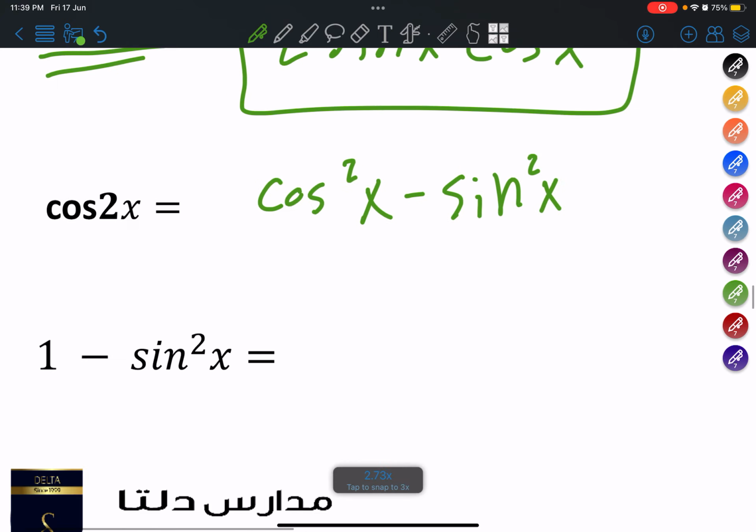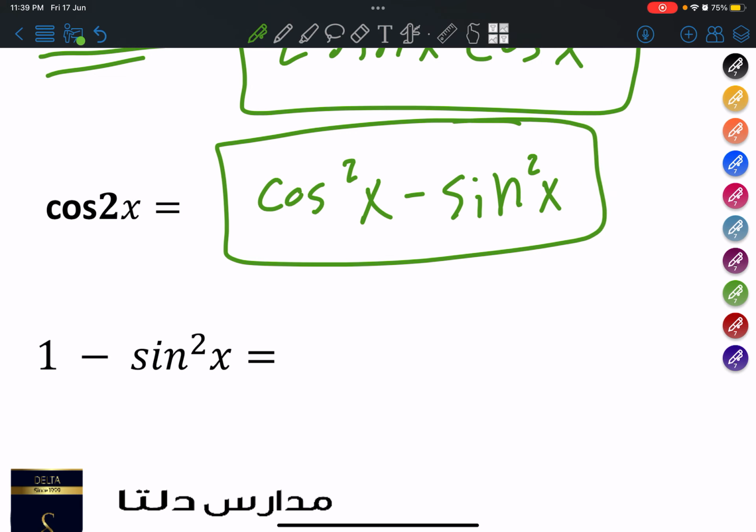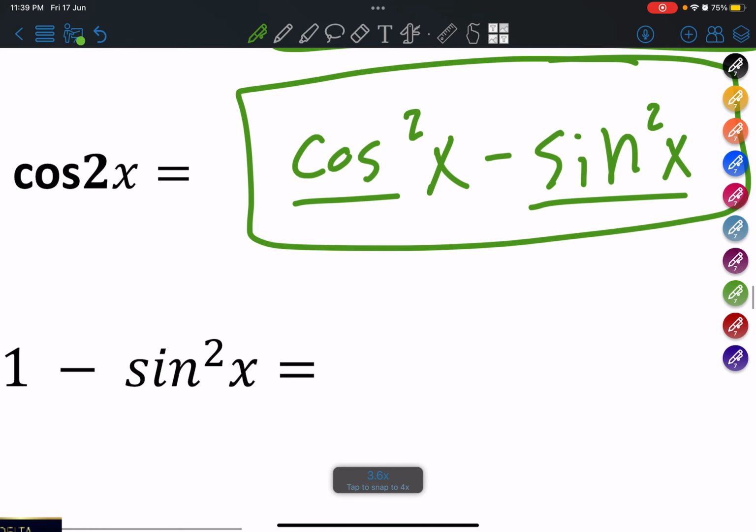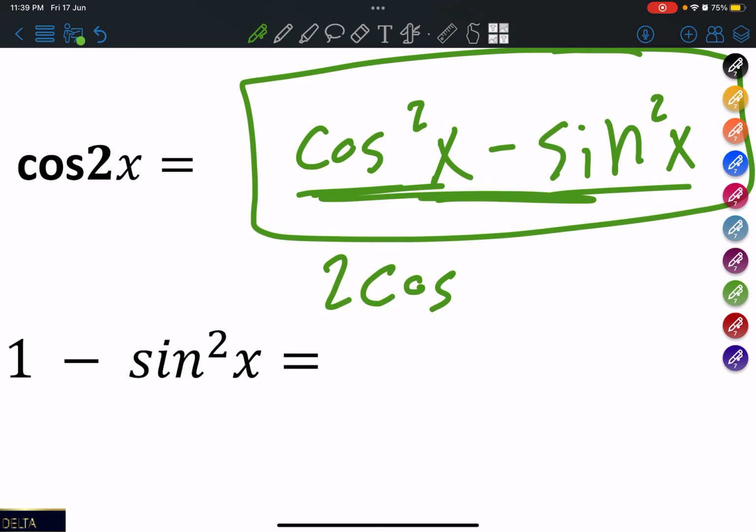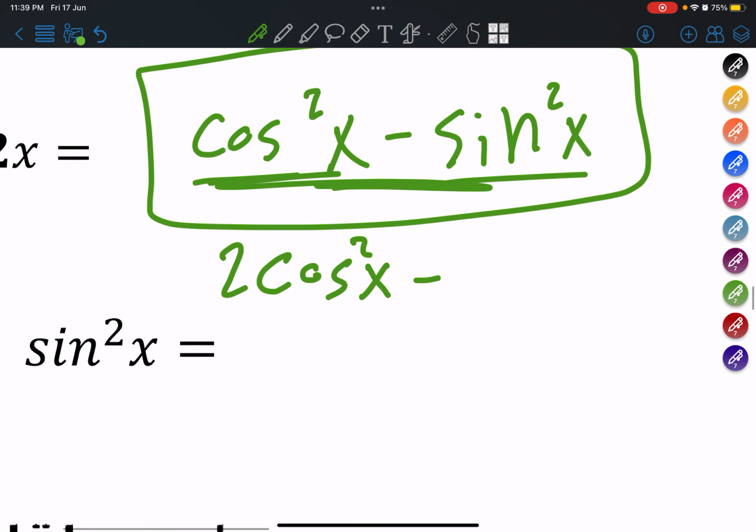Now I have to remember that we have two versions of this formula, because we can convert either cosine into sine or sine into cosine. So we have the cosine version and the sine version. If you want to convert this in terms of cosine, the formula will become 2 cosine square x minus 1.